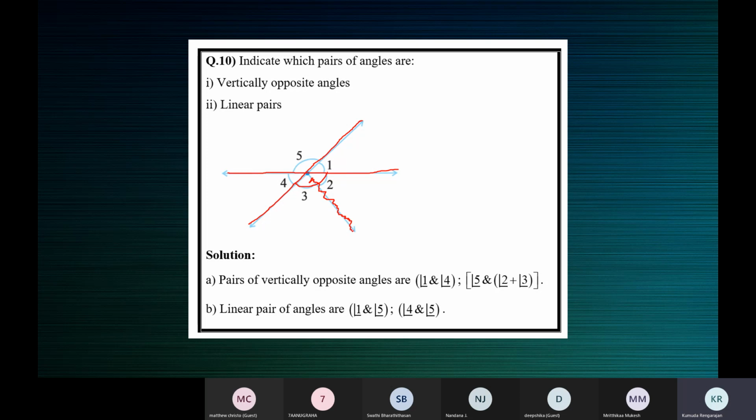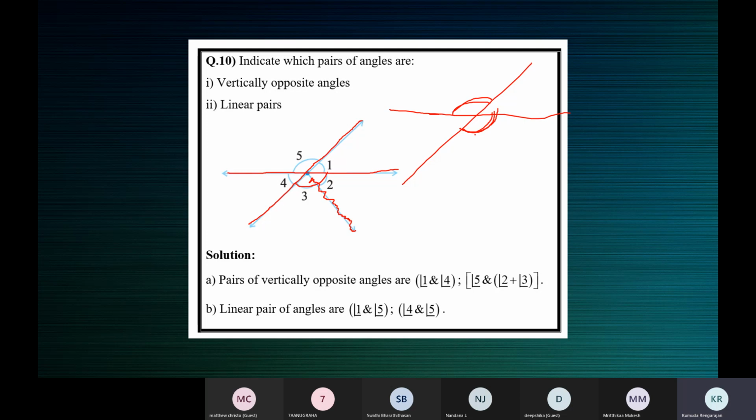So there's an X being formed. So this one is 5 and this one is 2 and 3 together. So angle 5 and angle 2 plus 3.